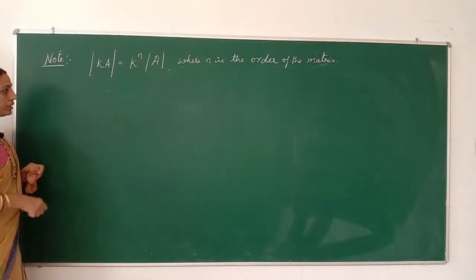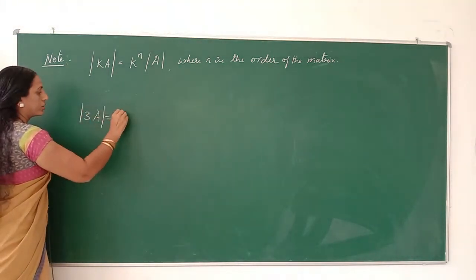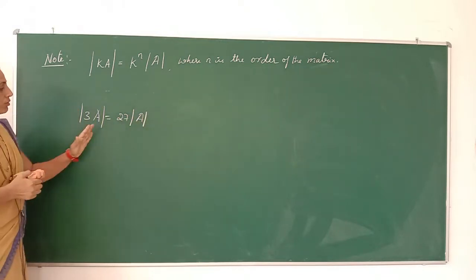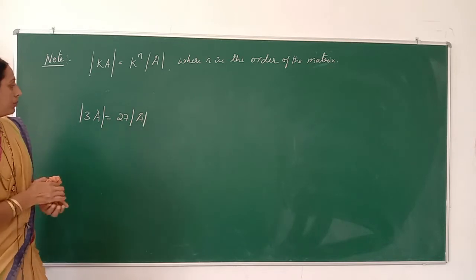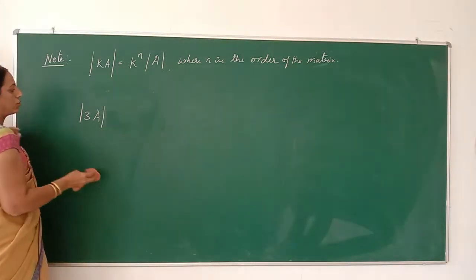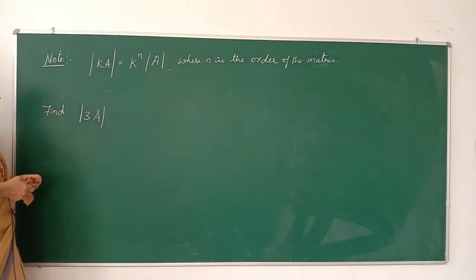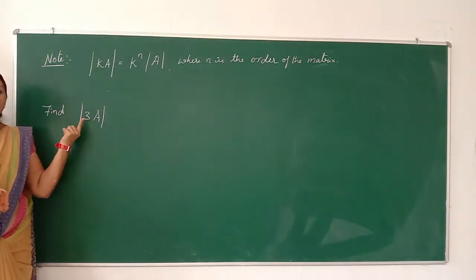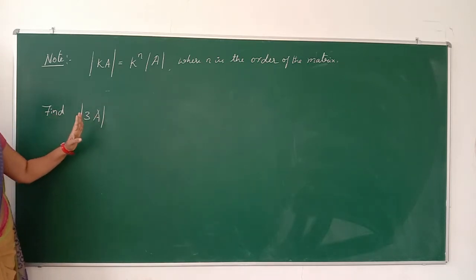In the last example, the determinant of 3 times A is equal to 27 into the determinant of A. In these problems, we show that both the LHS and the RHS are equal. But in particular, how do we find one side, the determinant of 3 times A? You already know that one method is to multiply all the elements of A by 3 and then use the properties of the determinant.